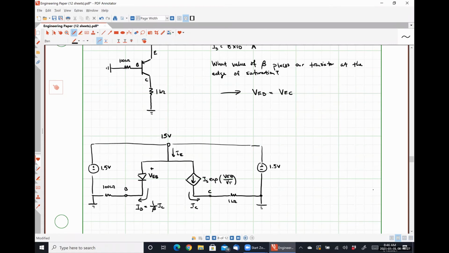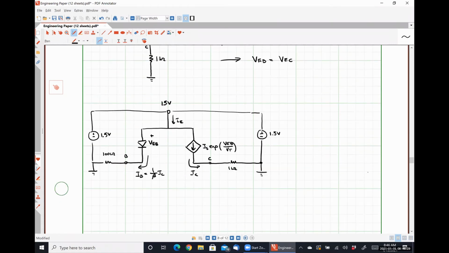All right, so at the edge of saturation, we know that VEC is equal to VEB. So I can do Kirchhoff's voltage law around the left-hand loop and the right-hand loop and get a couple of equations.